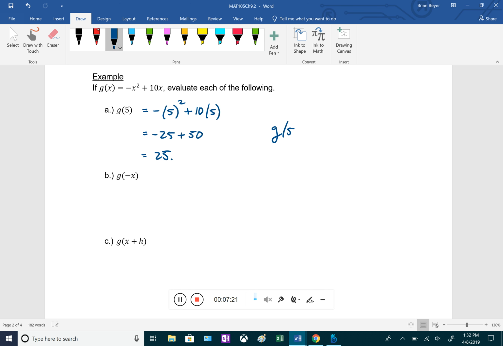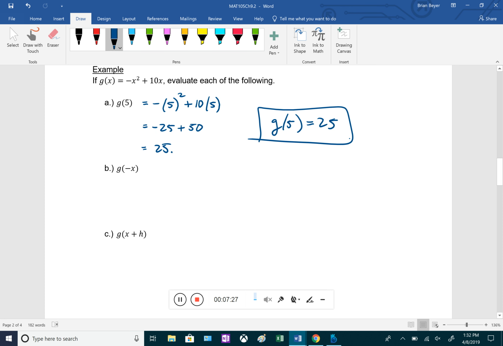So g of 5 equals 25. Next one, g of negative x. So plugging in a negative x everywhere, that's going to be negative x squared plus 10 times negative x. So negative x squared is positive x squared because it's an even power, but there's still that negative out front, so it's negative x squared and then minus 10x.